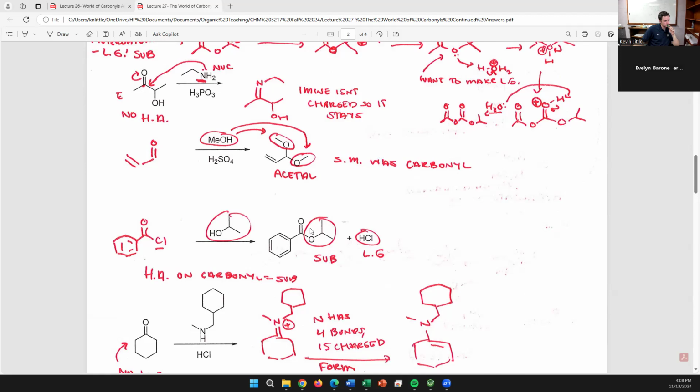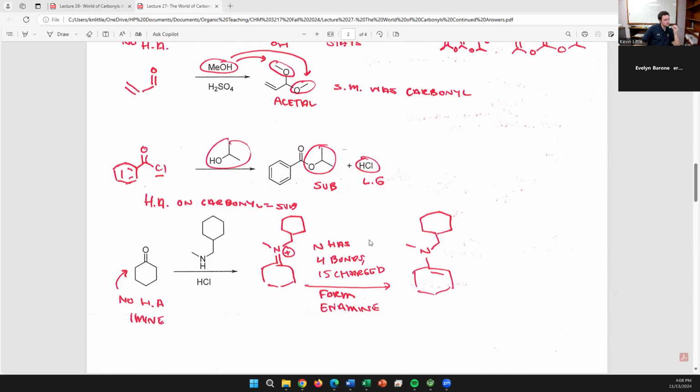Okay. Yeah, so this one was a little bit tricky. You see that this group is part of the final product, so I had to have substituted it out, which meant that I had a carbonyl with some sort of leaving group on it. And I can tell based off of HCl that Cl had to have been my leaving group.